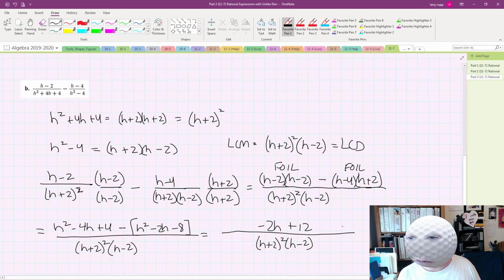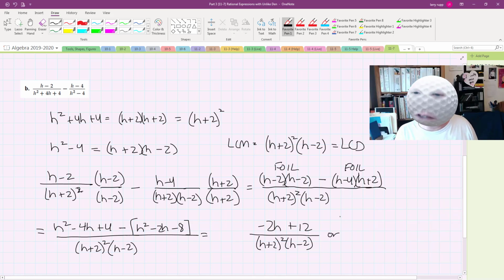Or you can factor the top here into negative 2 times (h minus 6), all over (h plus 2) squared times (h minus 2).